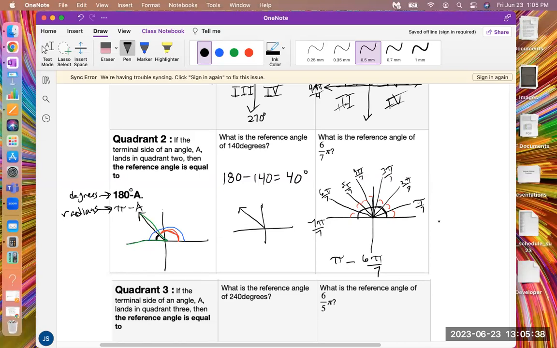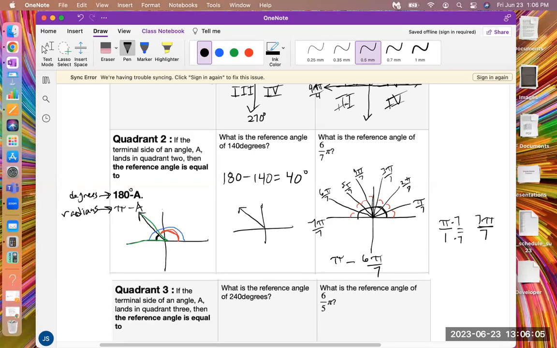So let's just think about it. We have to first write pi with a denominator, so we put it over 1. And then if I want pi to have a denominator of 7, then I have to multiply the denominator by 7. But if I want this to be an equivalent fraction, I have to make sure to multiply the numerator by 7. So pi over 1, or just pi, is equal to 7 pi over 7.